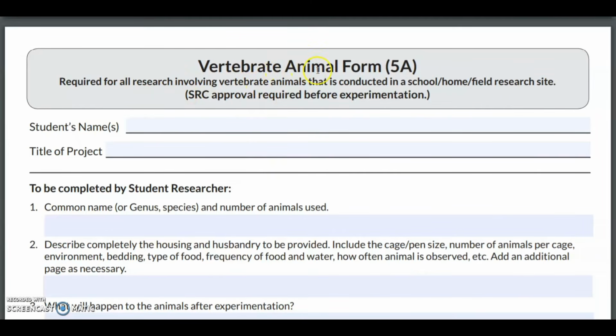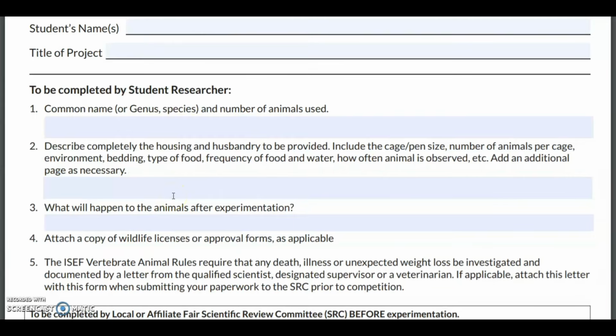So this vertebrate animal form is required for all research involving vertebrate animals that is conducted in a school, home, or field research site. Okay. Take note that SRC approval is required before experimentation. The first part must be completed by the student researcher.